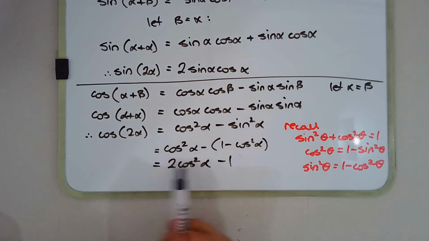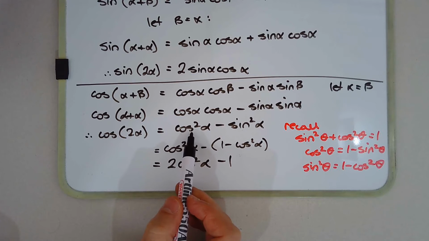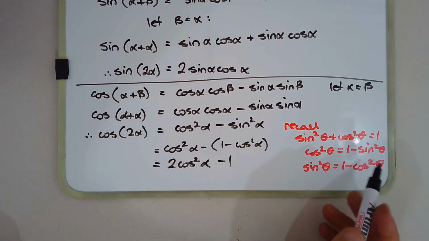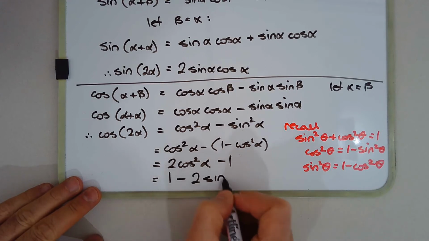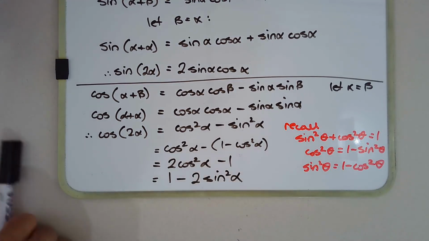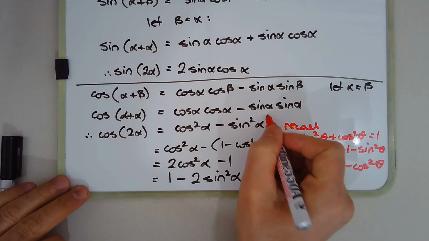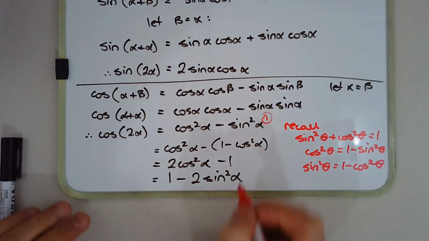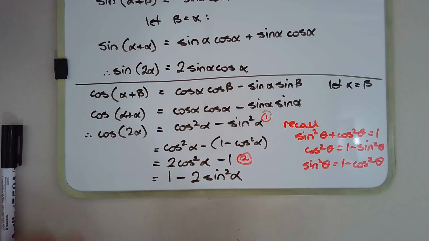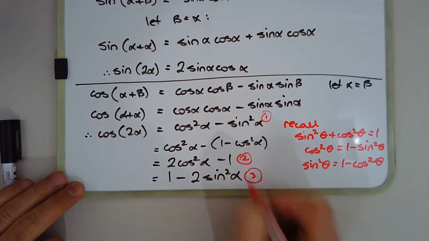Or we can replace the cos squared alpha with 1 minus sine squared alpha. That would give us 1 minus 2 sine squared alpha. So we have this one as one of our formulas, or one of the expansions for cos 2 alpha. We have this one as our second one, and this one will be our third one.